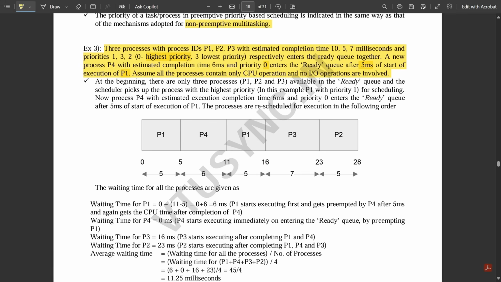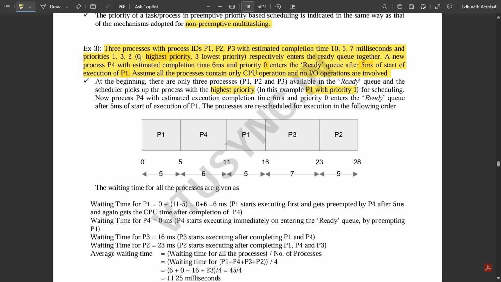Based on this pattern, let us analyze the figure. At the beginning there are only three processes, P1, P2, P3, available in the ready queue, and the scheduler picks up the process with the highest priority, that is in this example P1 with priority 1. Why is it the highest priority?